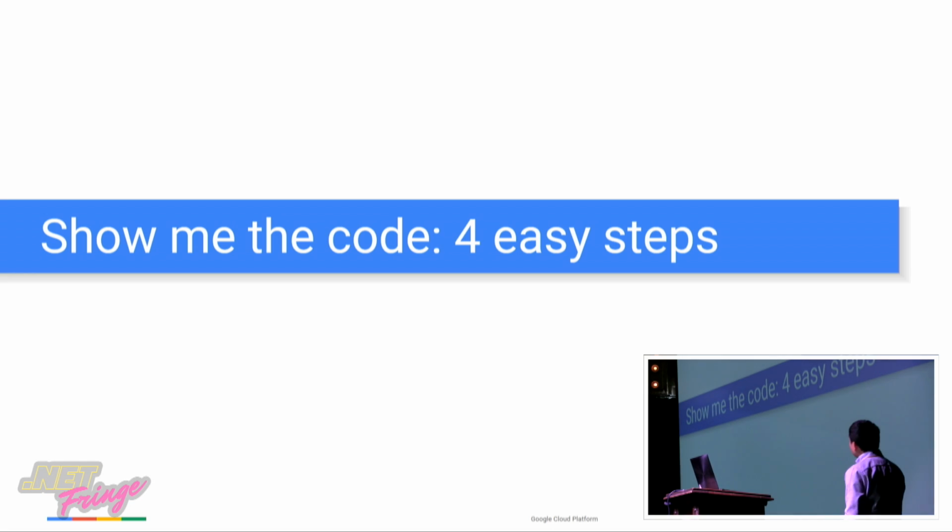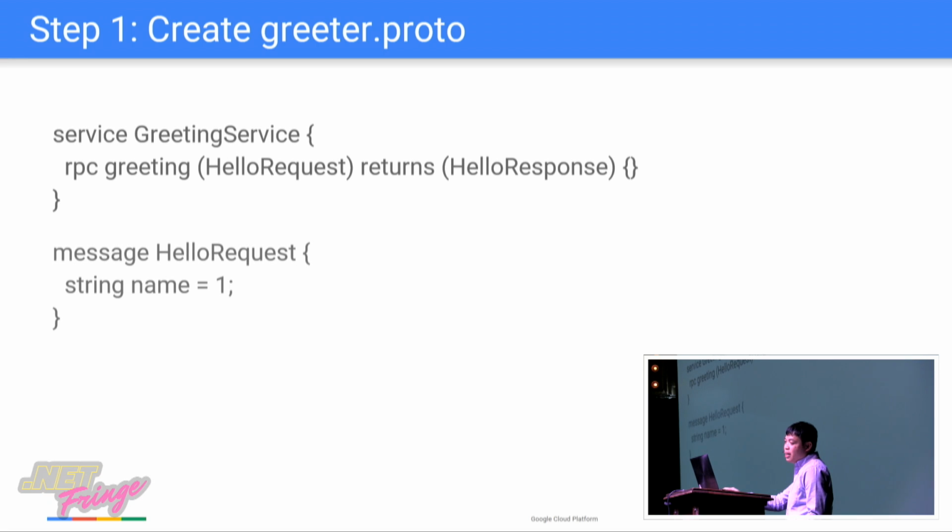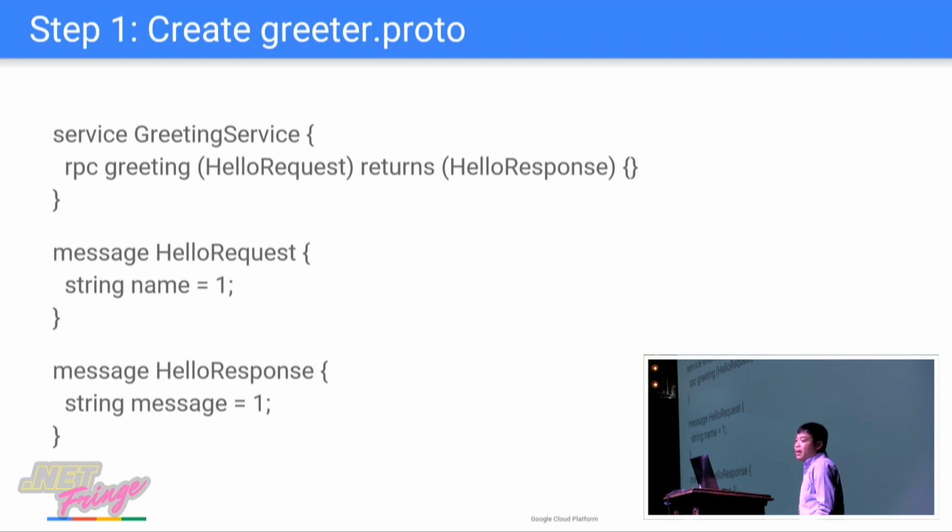Show me the code. It takes four easy steps to implement gRPC services and clients. Let's go through them one by one. Step 1, create the API definition of the service in protocol buffers. Please notice it is the most simple service definition in the protocol buffer language. Define a service using the keyword service and use the rpc keyword to define an API.